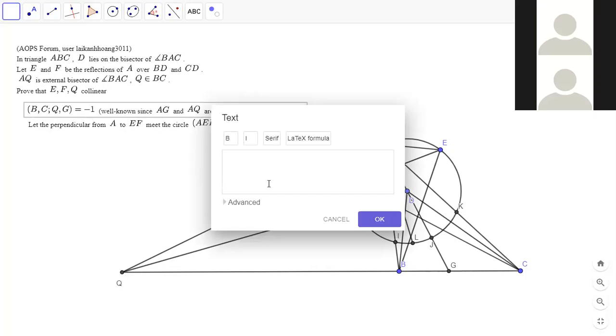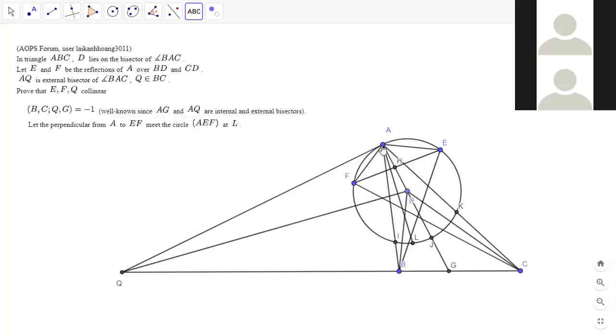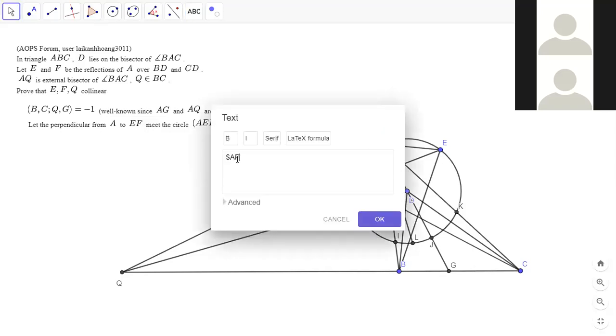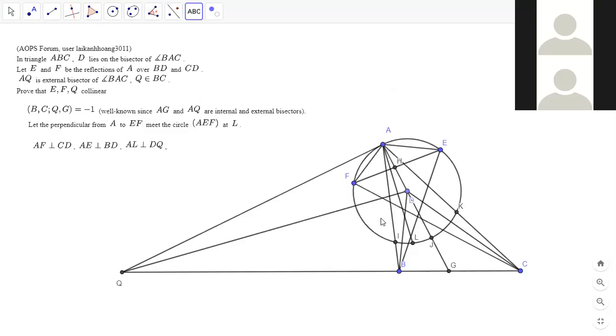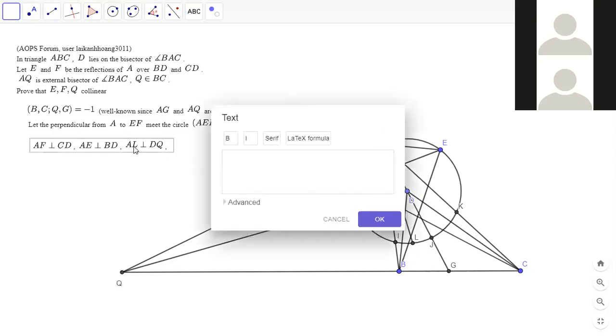Okay, and then we have AF is perpendicular to CD, AE is perpendicular to BD, and AL is perpendicular to DQ. And AA, which is the tangent at A, is perpendicular to AG.